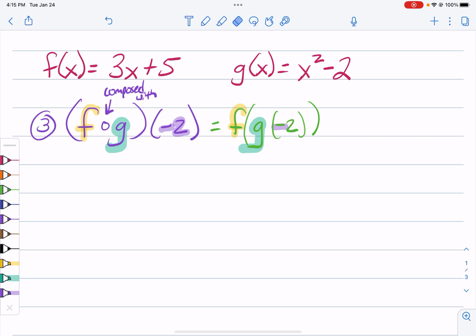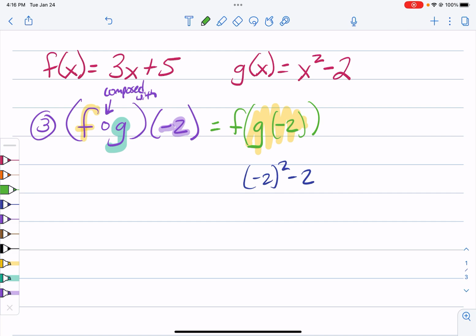So just like the previous ones that we are going over, the first thing we're going to do is figure out g of negative 2. So we're going to do negative 2 squared minus 2. Now be careful, if you plug this into your calculators, you're going to have the parentheses like I just wrote. Otherwise, your calculator is going to give you the wrong answer.